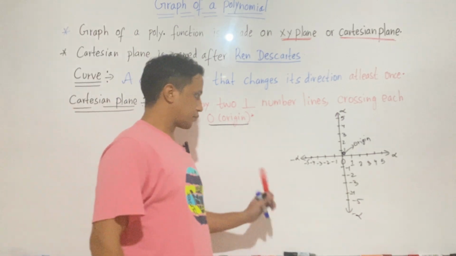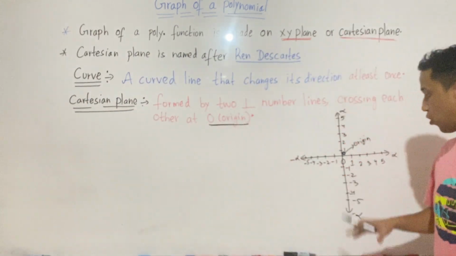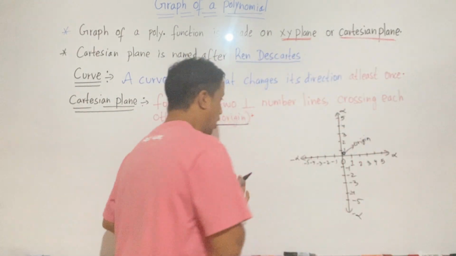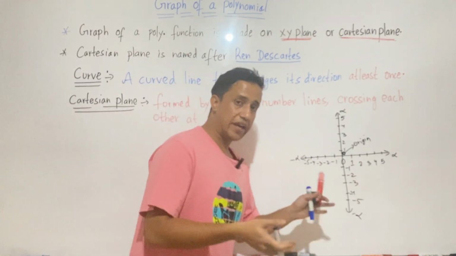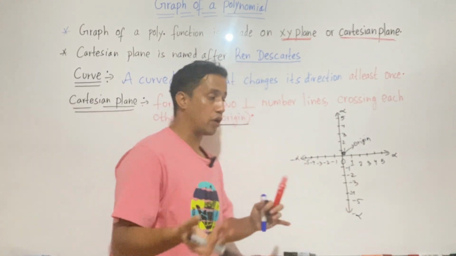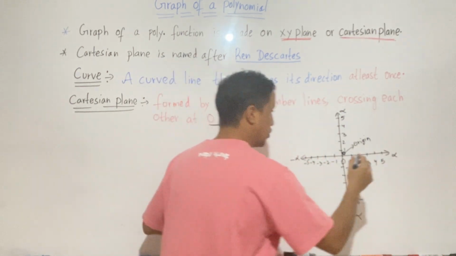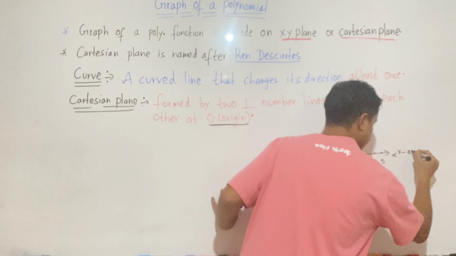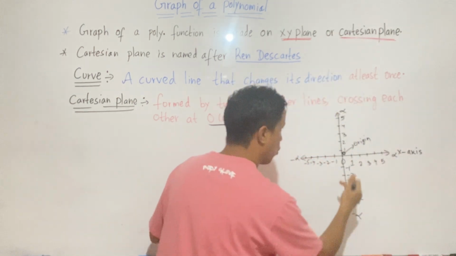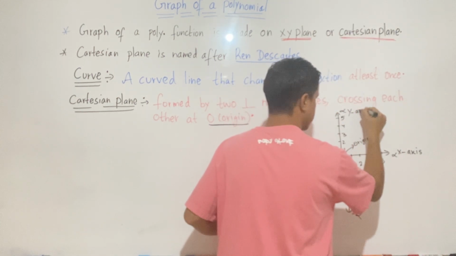Now I hope this point is clear to you. It is formed by two perpendicular lines. The horizontal line we call the x-axis, and the vertical one the y-axis.